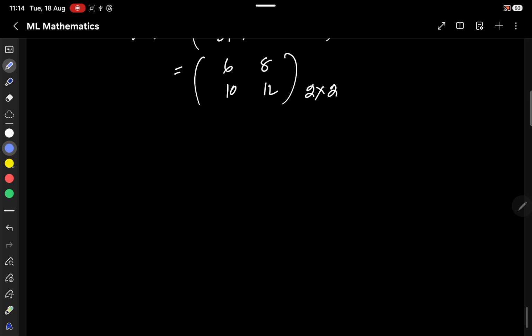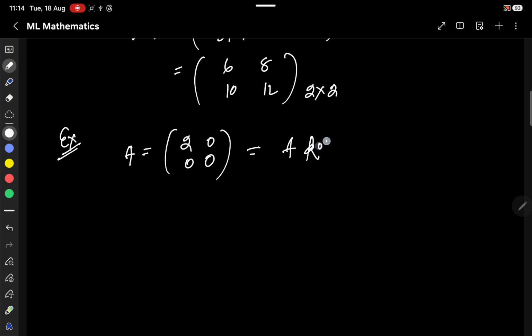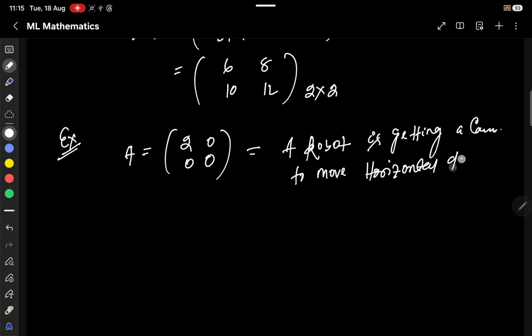So let's take an example to get a better idea. What is the example I'm talking about? If I'm talking about a matrix like A is equal to, let's say, 2, 0, 0, 0, I'm saying a robot is getting a command to move in the horizontal direction.